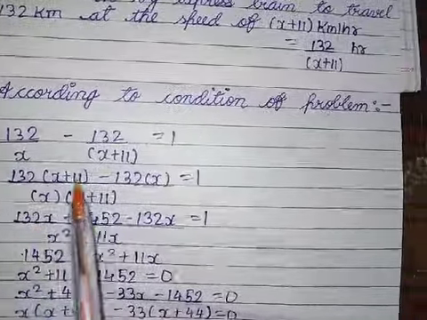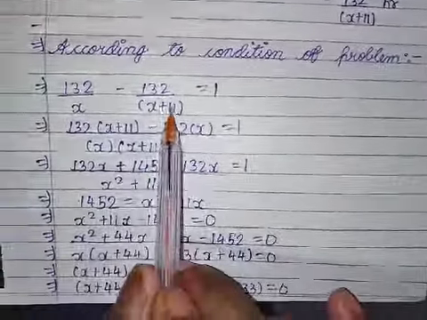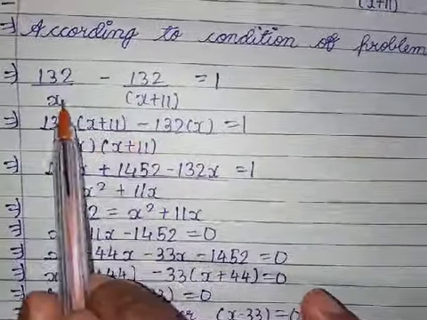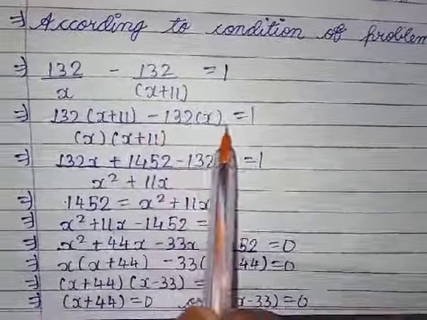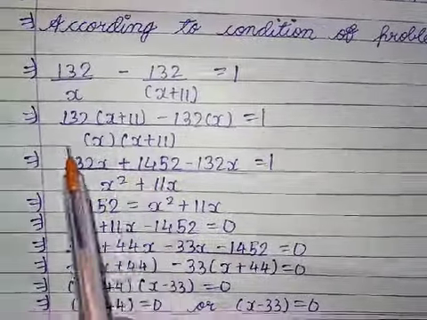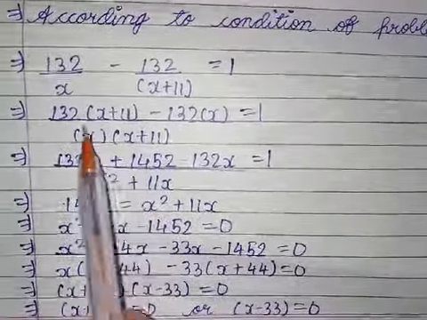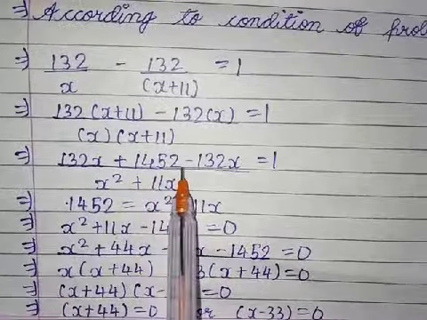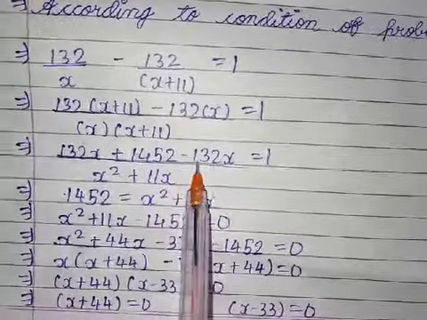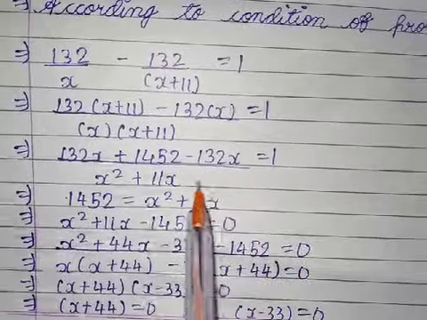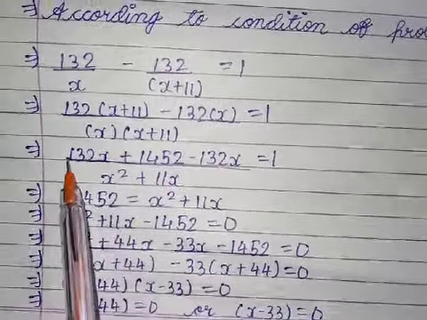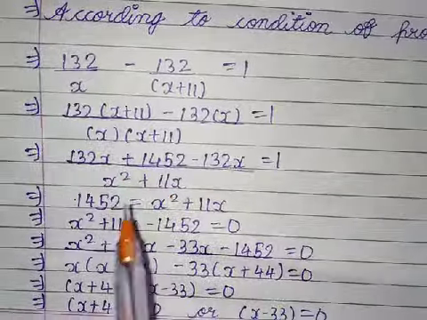If we take the LCM, x into x plus 11, then here it is 132 in the bracket x plus 11, and here is minus 132x, is equal to 1. If you multiply, 132 into 11 is 1452, minus 132x... 132x and minus 132x will cancel out.